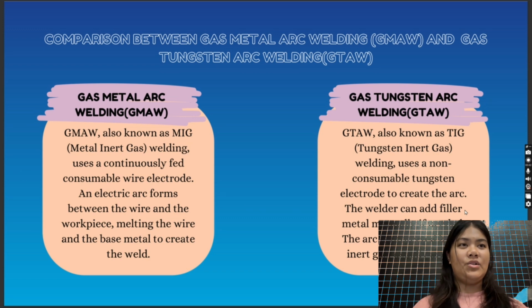Meanwhile, GTAW, known as TIG, tungsten inert gas welding, uses a non-consumable tungsten electrode to create the arc. The welder can add filler metal manually if needed. The arc is protected by an inert gas, usually argon.